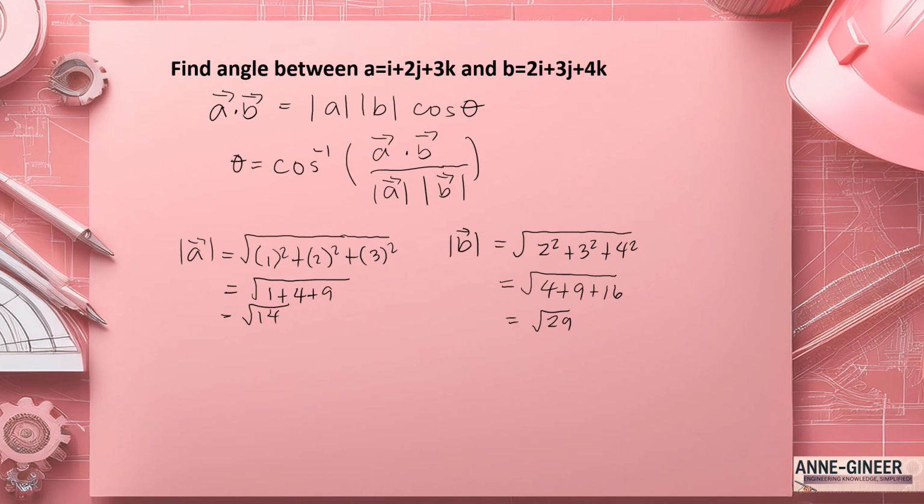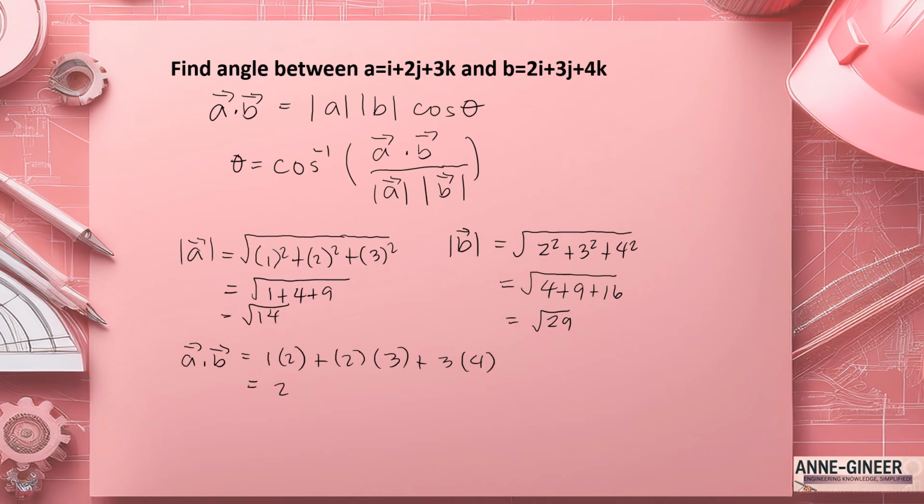So solving for the dot product A dot B, this is equal to 1 times 2 plus 2 times 3 plus 3 times 4.